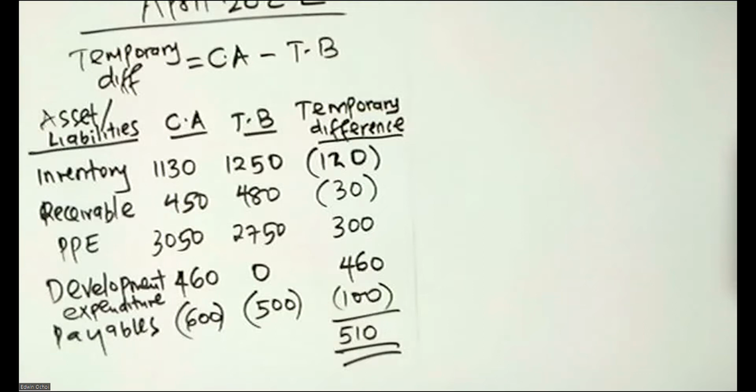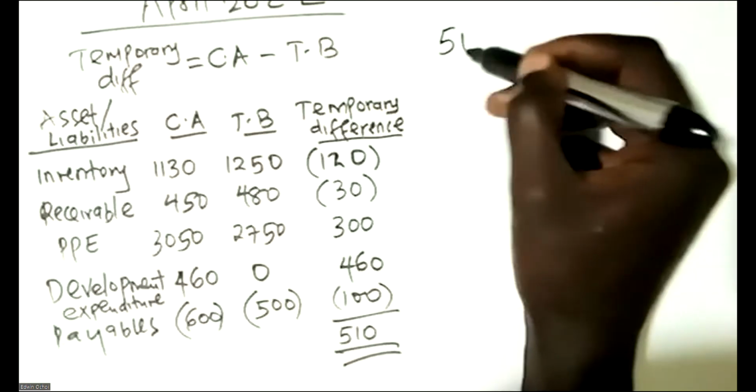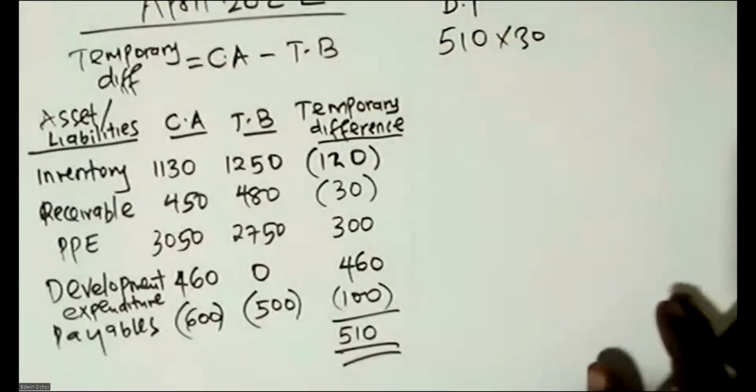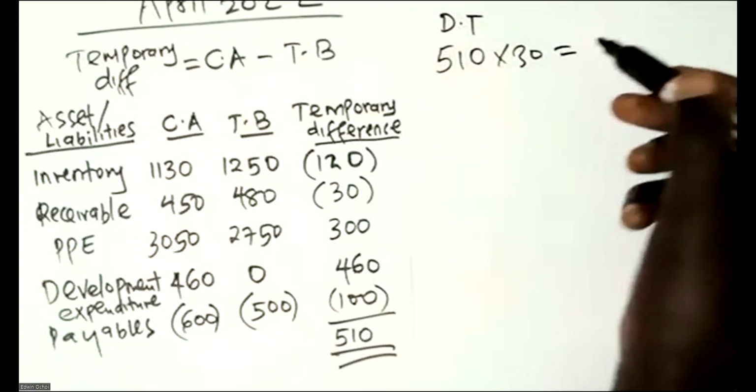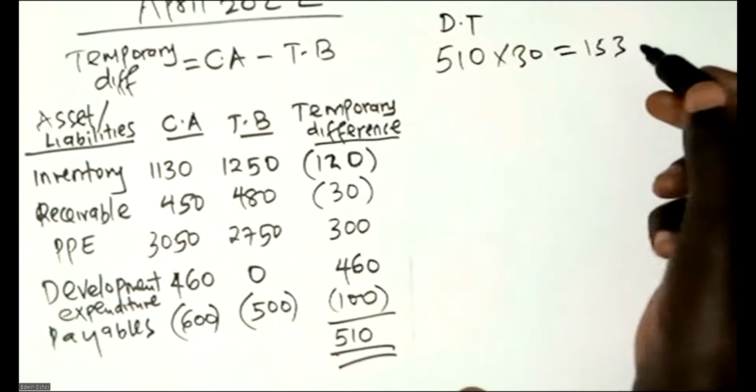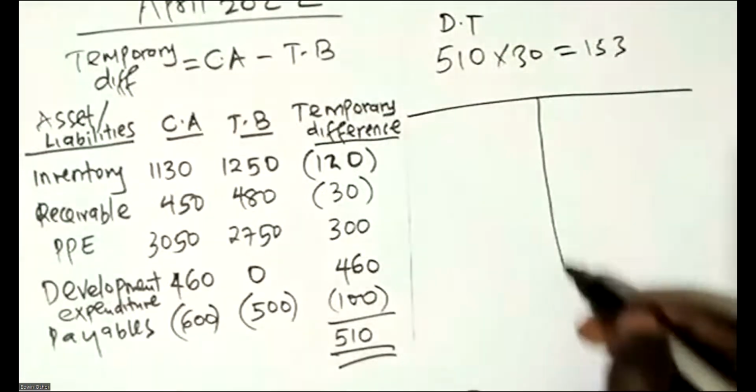So if you take 510 times 30%, what are you getting? Because if you take your temporal difference times 30%, you get deferred tax, which is 153. I can be able to do a deferred tax account.